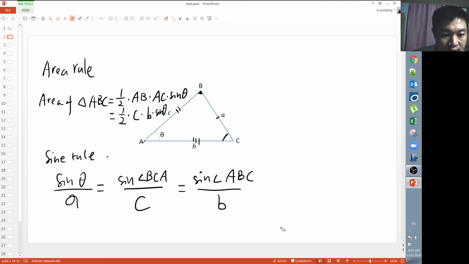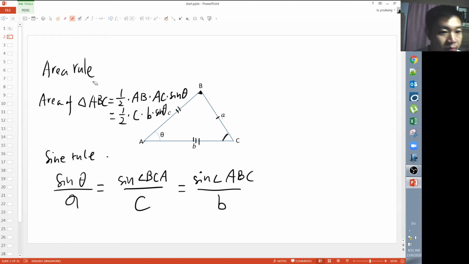I just take it and use it, right? So the concept of sine rule here is very simple. Just need to sine the angle and put it over the side that is opposite to the angle. So pretty simple, right? So this is your sine rule, all right?